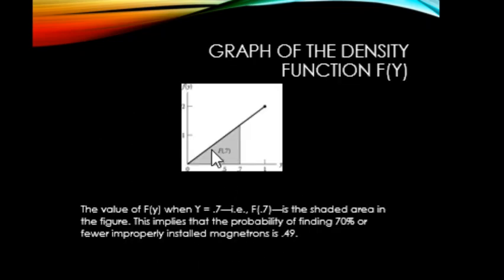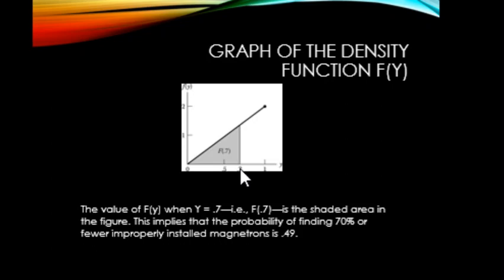Here's an example. Let's say we want to find F of 0.2 and F of 0.7. F at 0.2 is just 0.2 squared, because the CDF is y squared, which is 0.04. F at 0.7 is the probability of y less than or equal to 0.7. Remember, it's the cumulative probability, so 0.7 squared, which is 0.49. In terms of the figure, F at 0.7 means the probability up to 0.7, the area under this curve from 0 to 0.7.